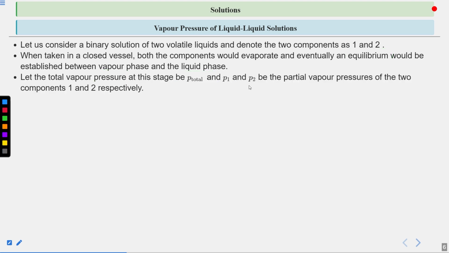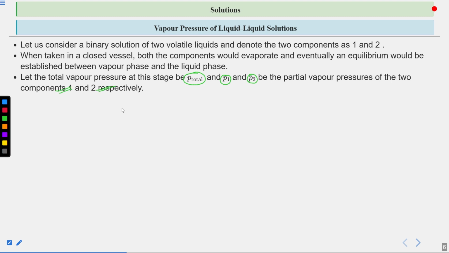Now at this point we consider that the gas phase present above the liquid solution has a vapor pressure equal to P total, where P1 and P2 are the contributing factors to this P total. P1 is the pressure due to component 1 and P2 is the pressure due to component 2.